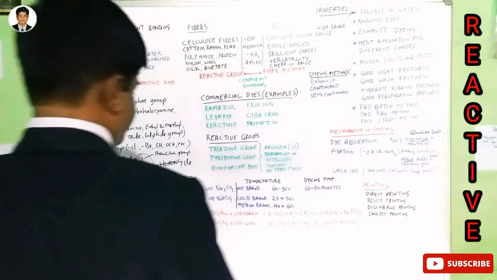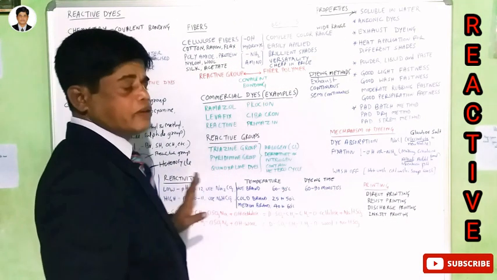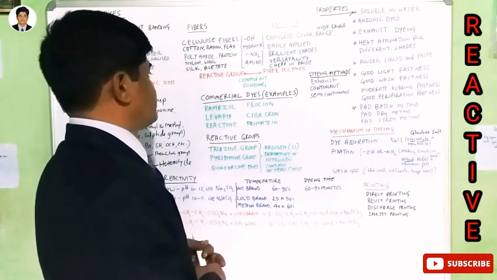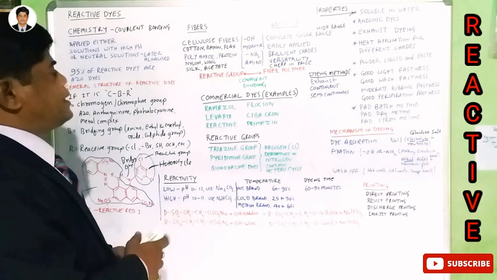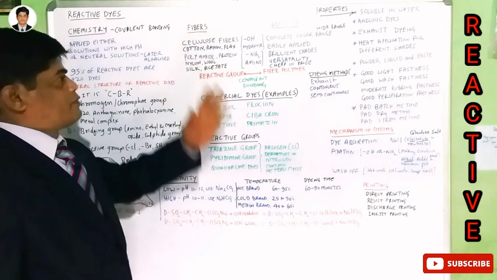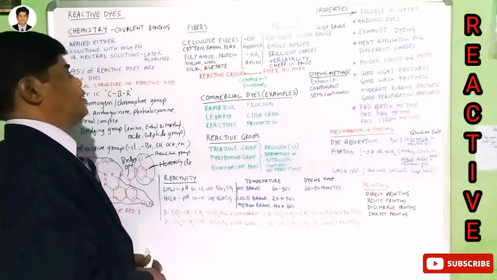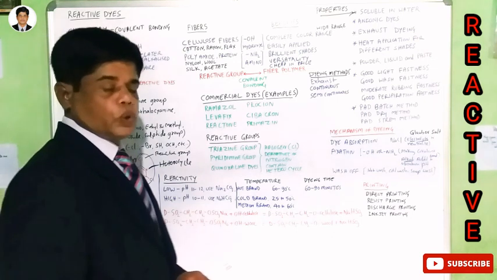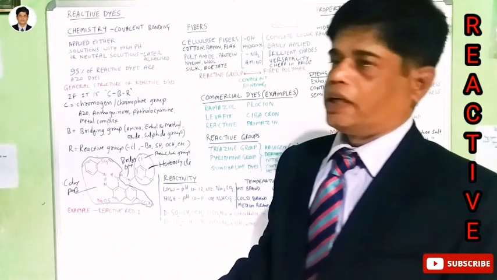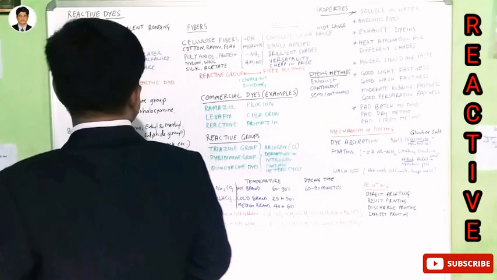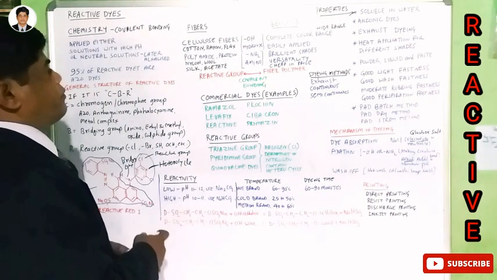Okay. This is about reactive dyes. Then, what are the fibers this reactive dye is used to dye? Cellulose fibers, already told: cotton, rayon, viscose, flax, hemp, cellulosic fibers. Then polyamide fibers.